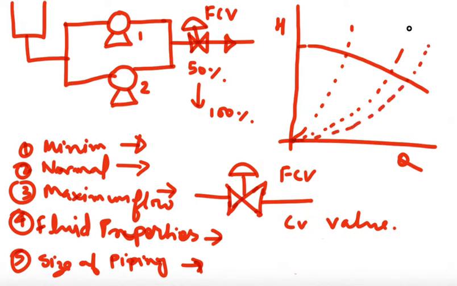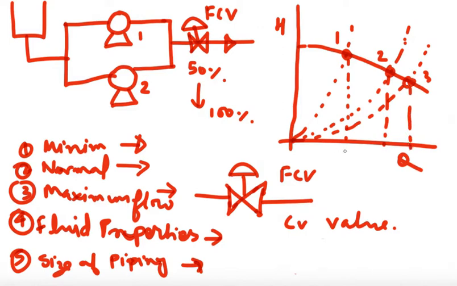So flow is minimum, that means here corresponding to this is 1, 2, 3. So this is minimum, this is normal, this is maximum. So here you draw it, here you draw it, here you draw it.